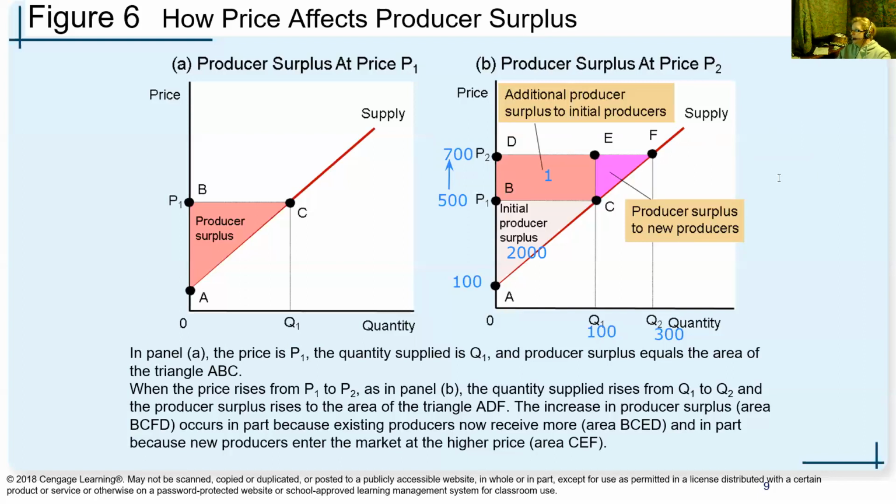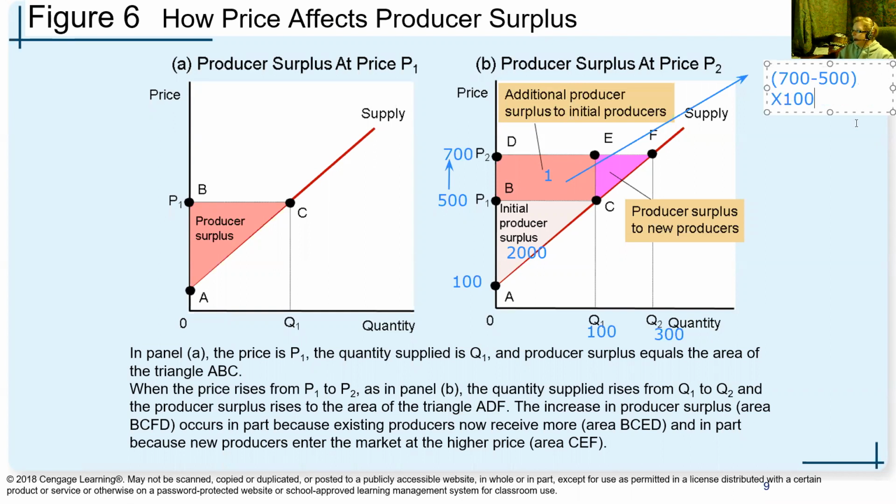Okay, so how do we calculate the additional producer surplus to initial producers? Basically what we're going to do, I'm going to take it over here if you don't mind, is use the area of a rectangle. So basically I have 700 minus 500 times the width of 100.